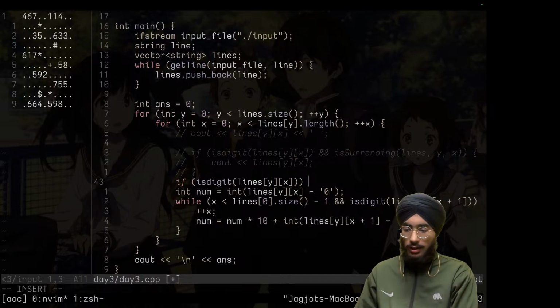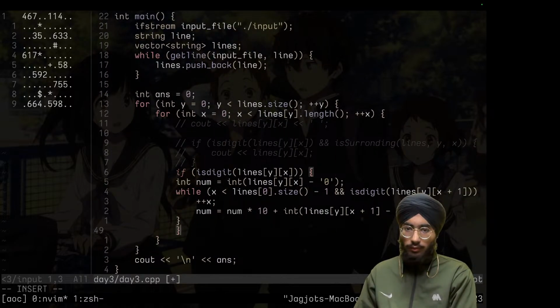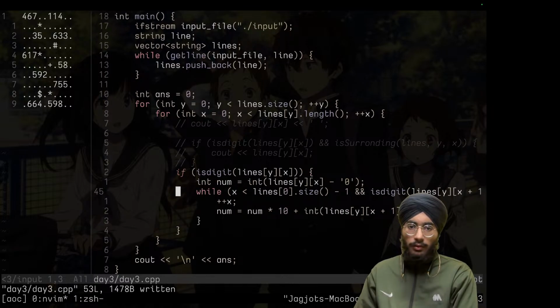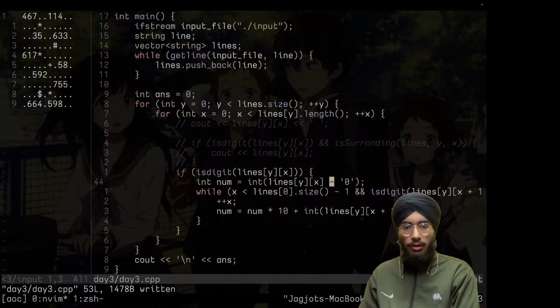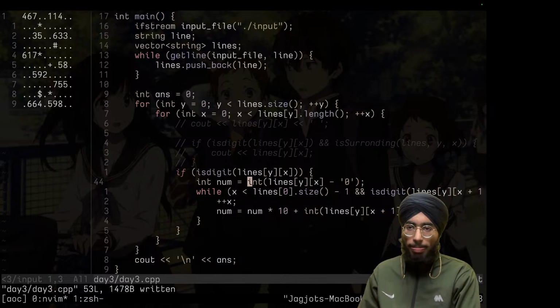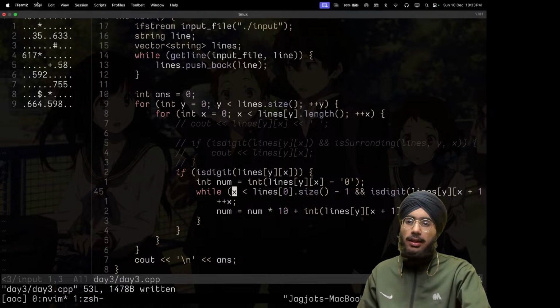If it is a digit, then the number is equal to line x and y minus the ASCII value of 0, and the integer of that is the num. So for this thing right here, this num is gonna be 4.